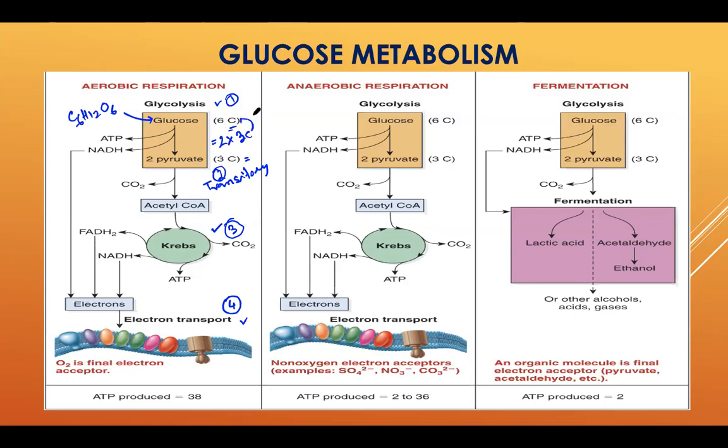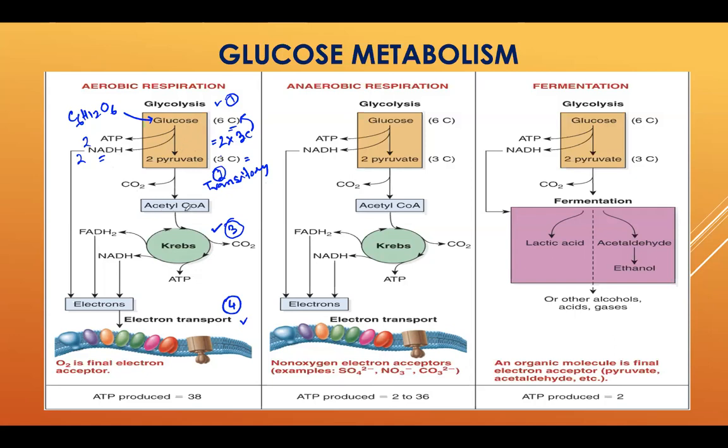During this time, a cell produces 2 molecules of ATP and 2 molecules of NADH. Okay, that's the net production. So that's the first step of glycolysis. At the end of glycolysis, the cell produces 2 molecules of pyruvate, 2 molecules of ATP, 2 molecules of NADH.